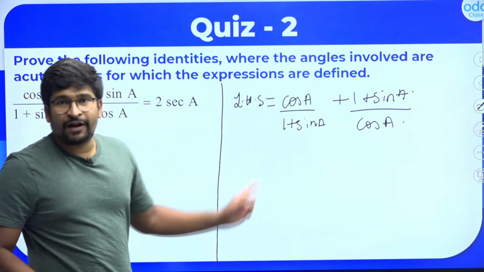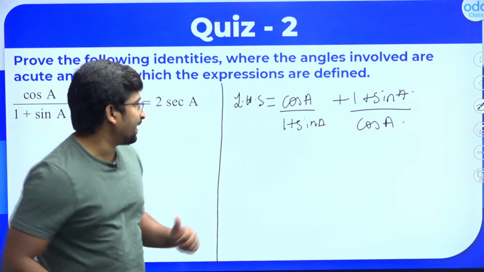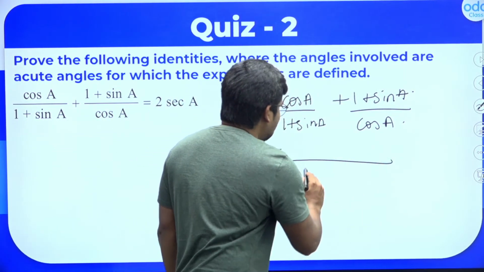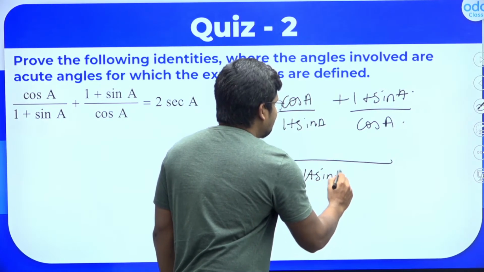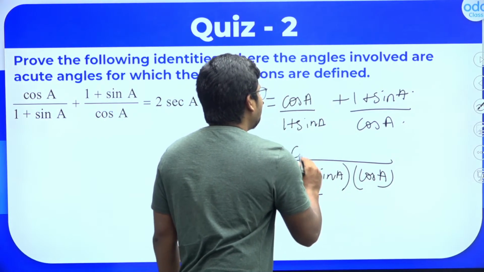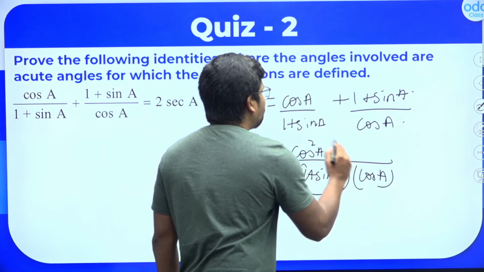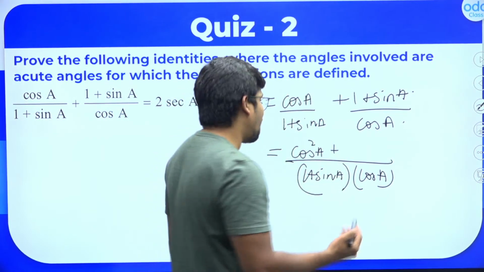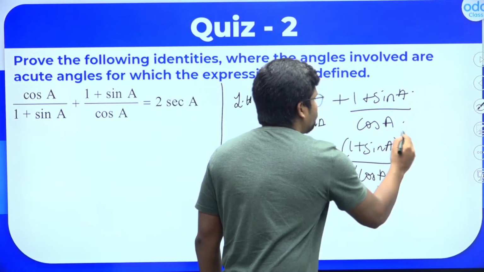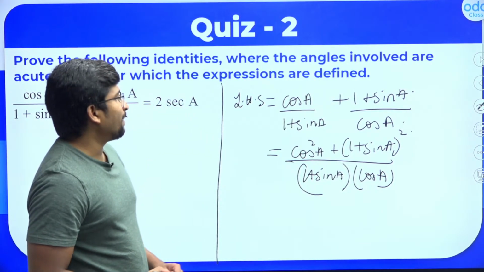What will be the LCM here? The LCM here will be (1 plus sin A) into cos A, right? And what will be here? Cos square A plus (1 plus sin A) into (1 plus sin A), which is (1 plus sin A) whole square. Correct? This is what we will be having.